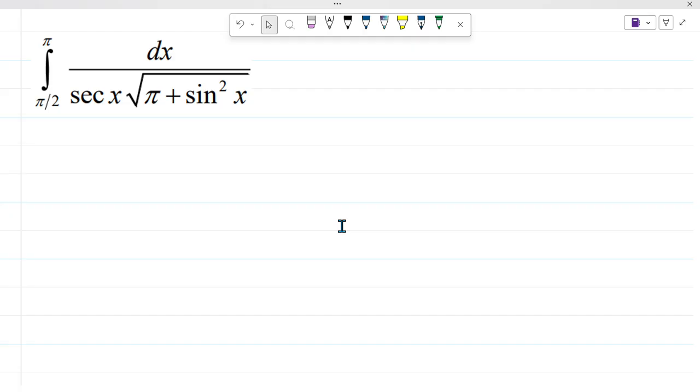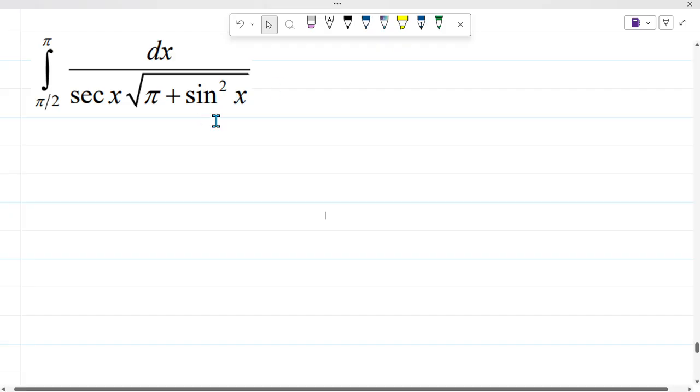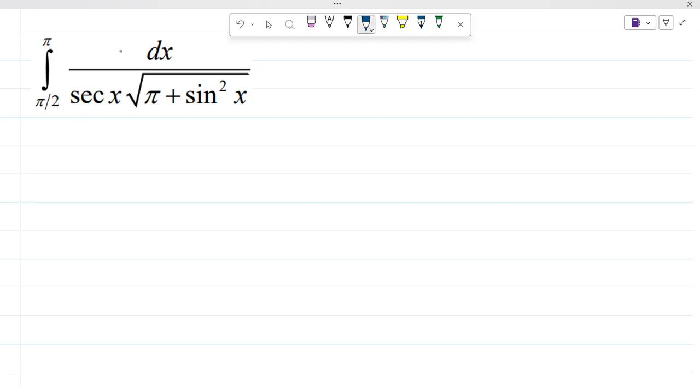Remember, the first thing is to check if this is one of the inverses, right? If it is, we will make use of one of the formulas of the inverses. So I can see that the thing that is squared here is sine. So I can tell that on the numerator, I'm supposed to have the derivative of sine, which is cos. Here I'm given sec, and I have 1 on my numerator.